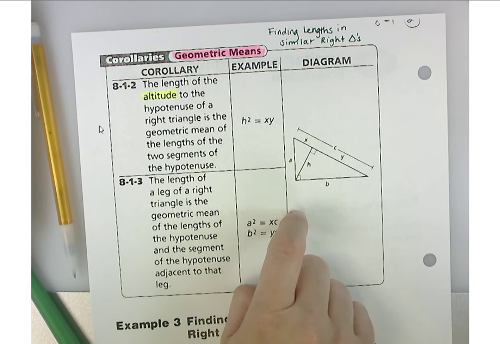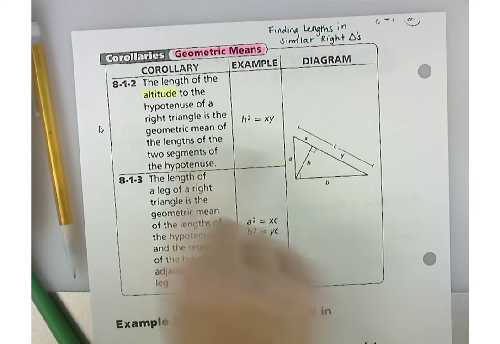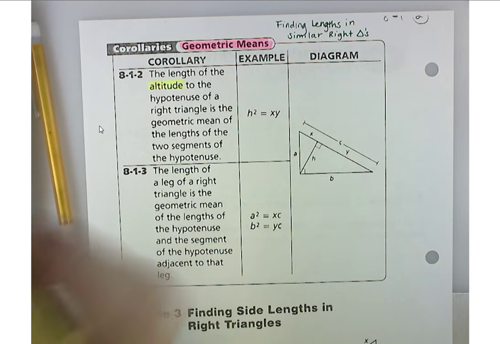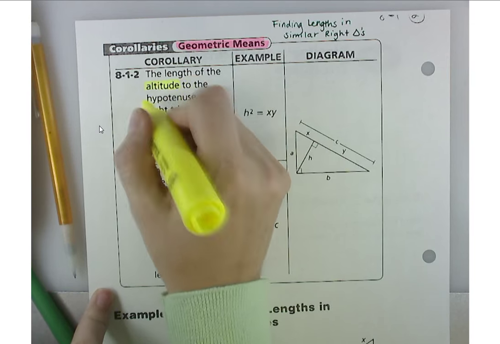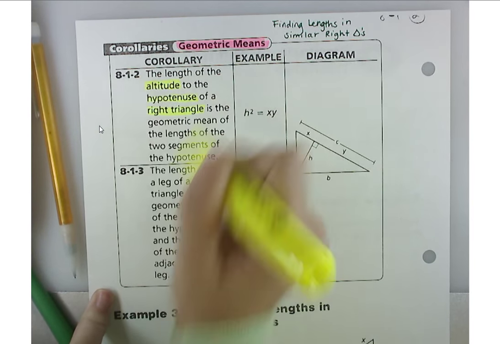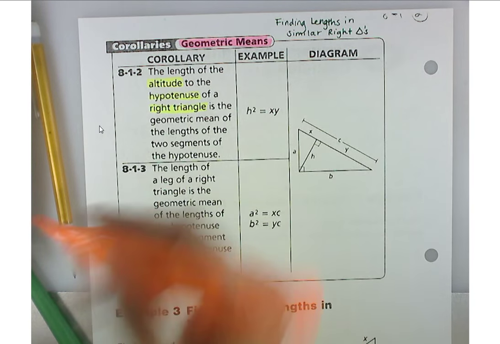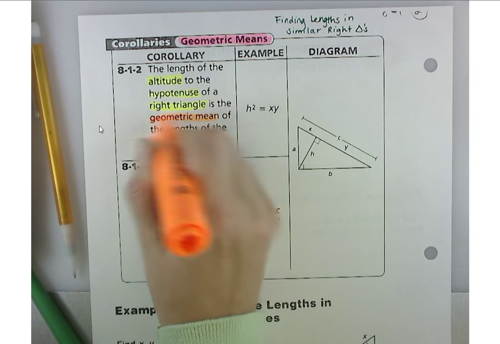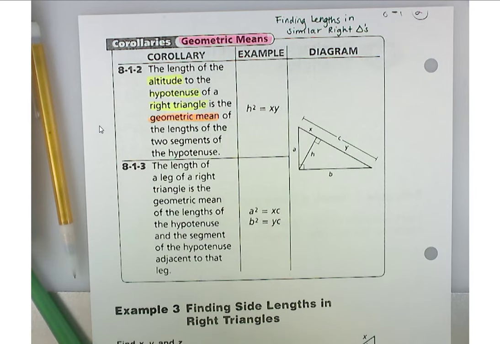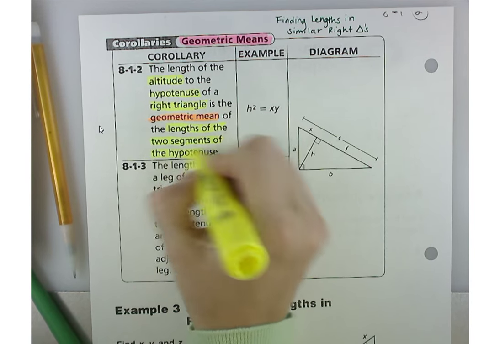Remember, there are multiple altitudes for one triangle. So you are going to see that it is a right angle. So the length of the altitude to the hypotenuse of a right triangle, so it has to be a right triangle, is the geometric mean of the lengths of the two segments of the hypotenuse.